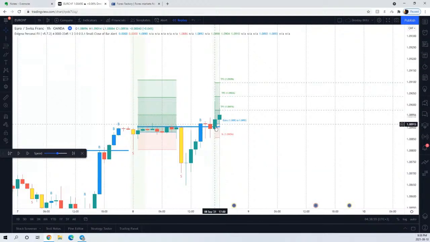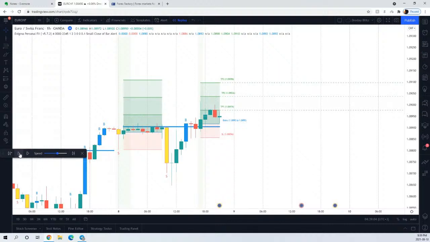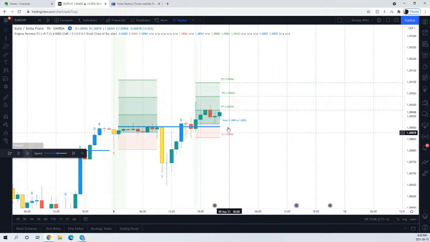Give you an entry right there, and already in the first hour, give you TP1. And the entry, compare the entry to the TP1. That was around what, 8 to 9 pips.